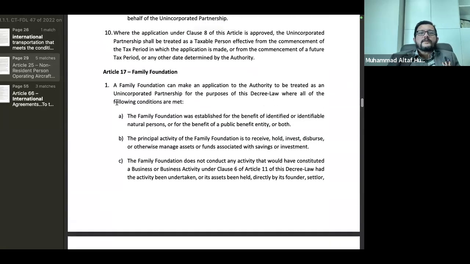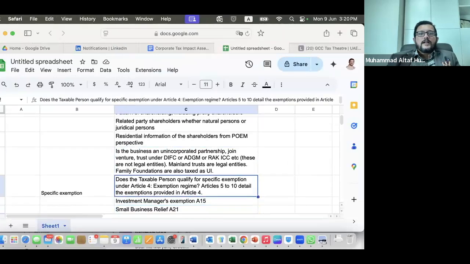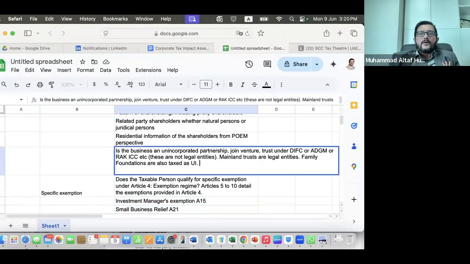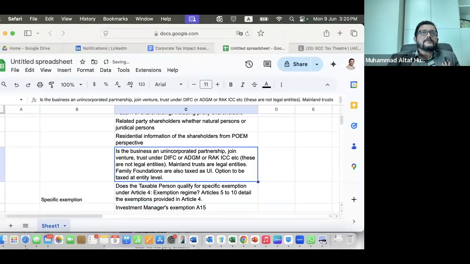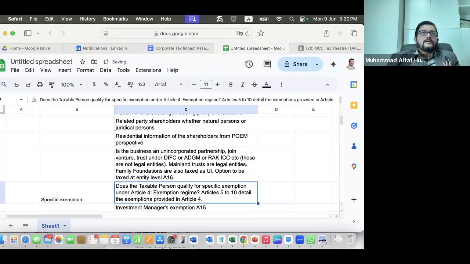It can make an application to be treated as an unincorporated partnership. There you go. But again, we should remember that the options will also be relevant here. The option to be taxed at entity level is relevant here, and that also we need to consider.